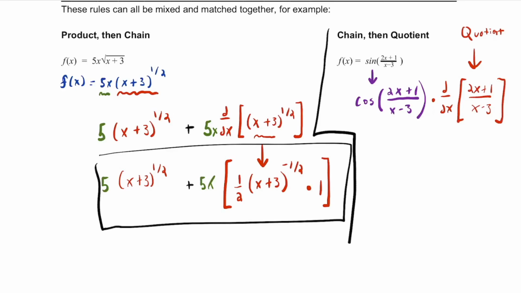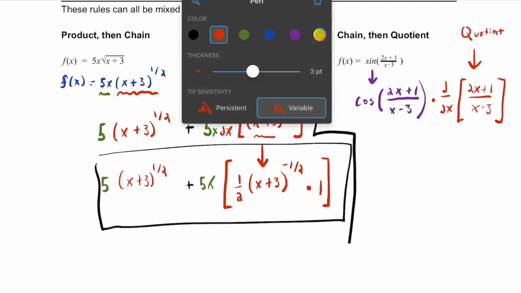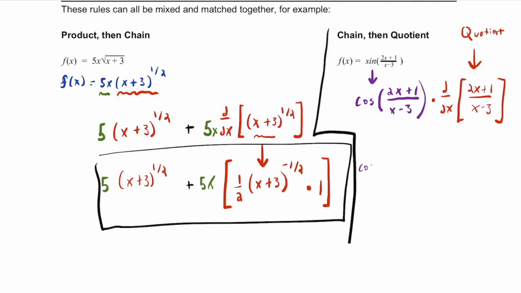And so we're going to have to put all of this together. So we're going to have the cosine, I might run out of room here, of 2x plus 1 over x minus 3.